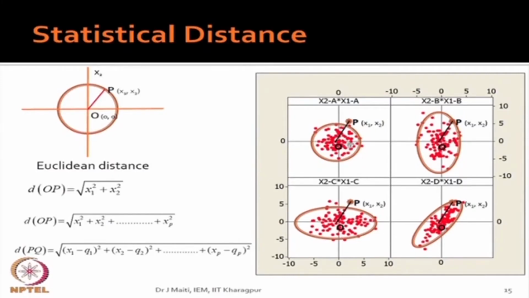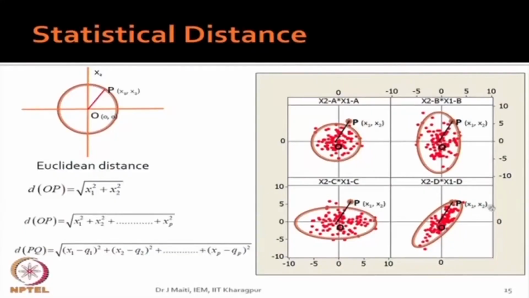First, the leftmost top one resembles a circle. The second one depicts an ellipse. The third one is also an ellipse, and the fourth one is also an ellipse. In the second, the variability along x 2 is more; in the third, the variability along x 1 is more; and in the fourth, there is a change in variability as well as correlation between the two variables.